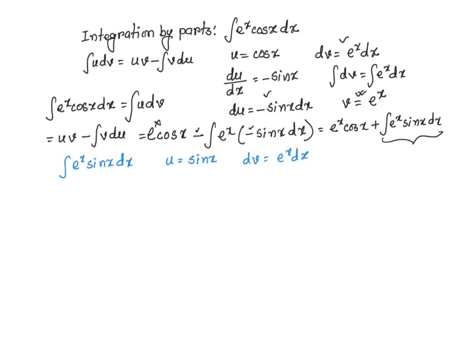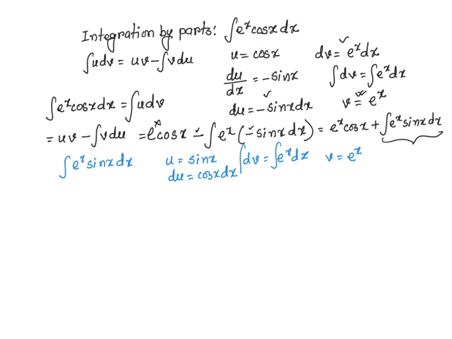And by now you know du is going to be equal to cosine of x dx, right? And integral of dv is going to give me v is equal to e to the power x. I'm doing another u and dv substitution.